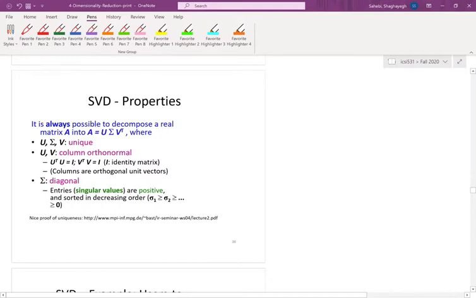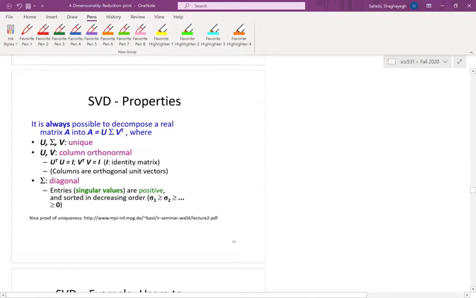And then these matrices do have their own properties. First of all, there is a unique SVD decomposition. So if I give you one real matrix, it doesn't matter how many times you run SVD on it or you calculate SVD for it, you always are going to get the same results.